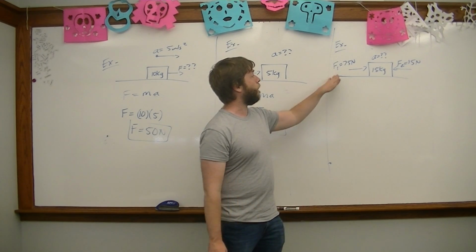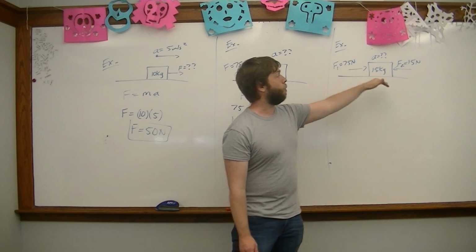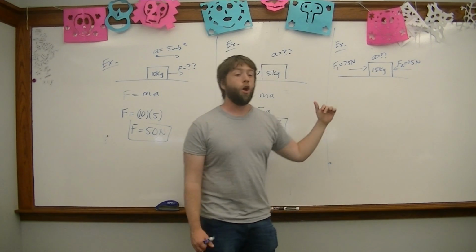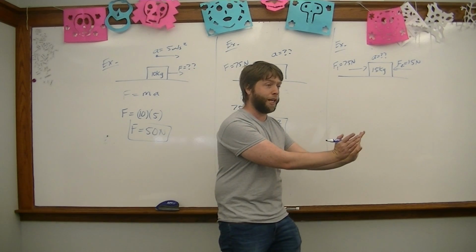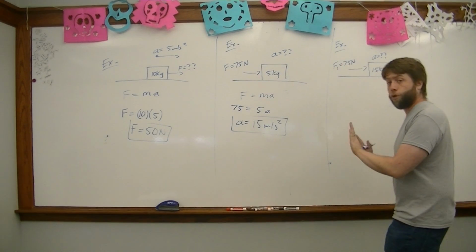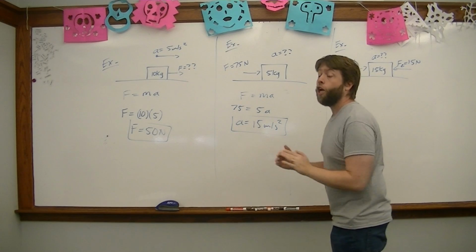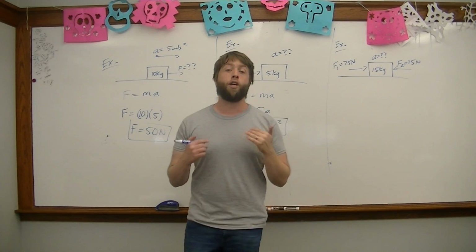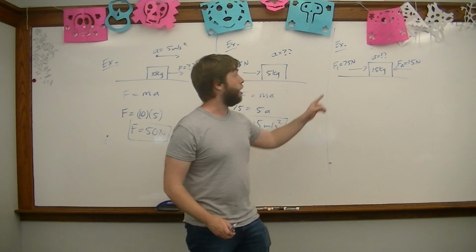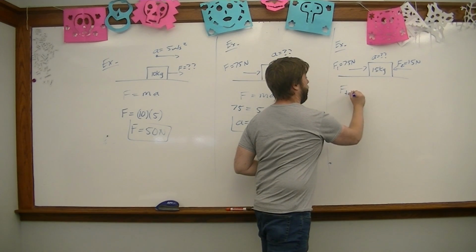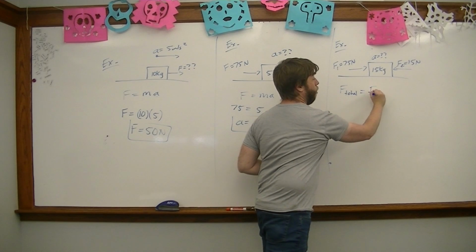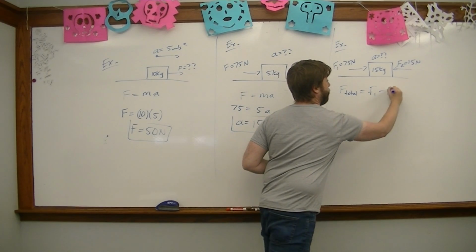Okay, so one force to the right, 75. One force to the left, 15. We're going to subtract those two forces. This is like I'm pushing from the right-hand side of the block. Your friend is pushing from the left-hand side of the block. You're not pushing together. You're trying to oppose each other's motion. So it's going to be the total force, F total, is equal to F1 minus F2.